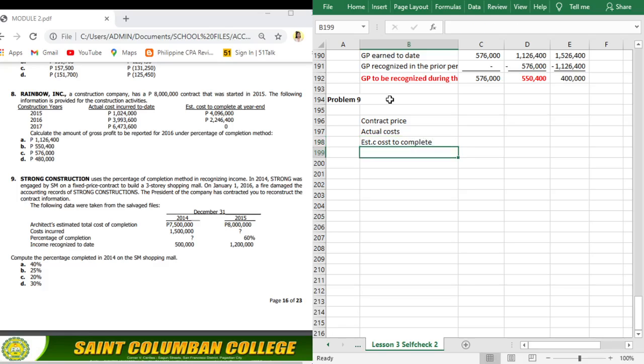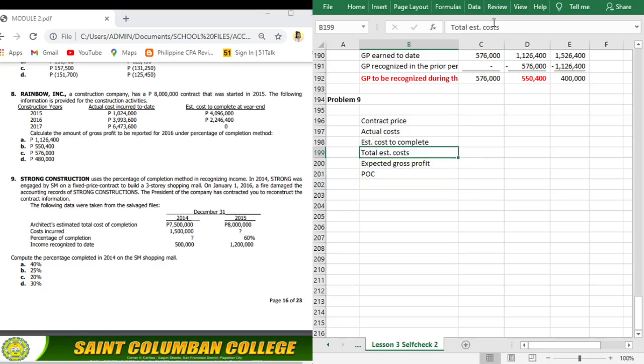From that, we can get the total estimated cost. And then after that, the expected gross profit. Okay, expected gross profit. And then we will get the percentage of completion.